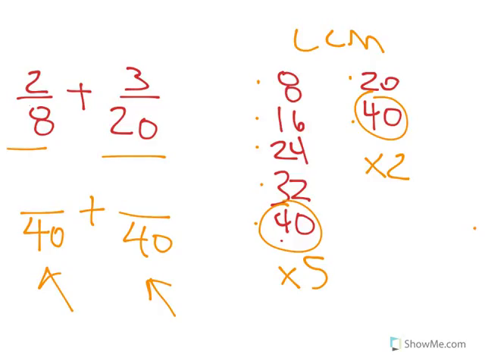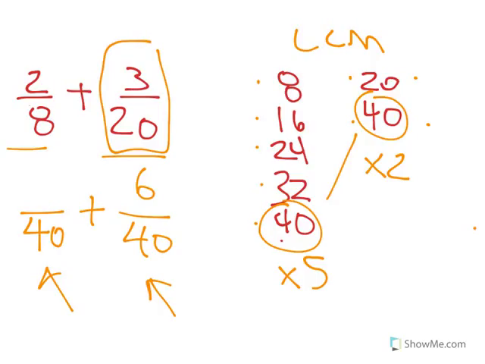So 40 is the one that occurs first in both of them. For the 20 to 40, it's going to be times 2. So I have to multiply this part here. I have to multiply 20 times 2 to get to 40, so I'm going to multiply 3 times 2 to get to 6, because those are now equivalent fractions.